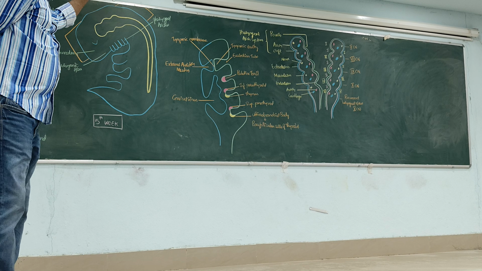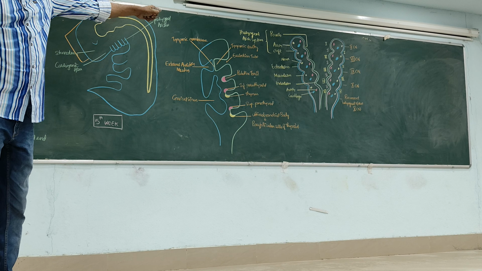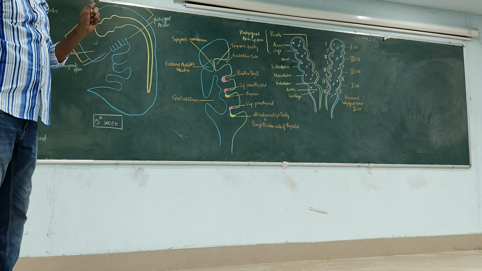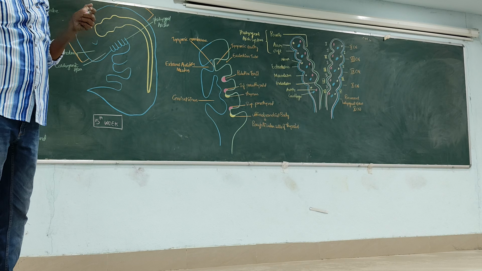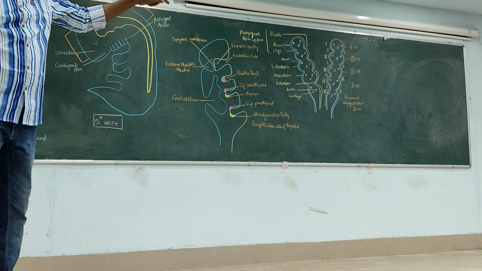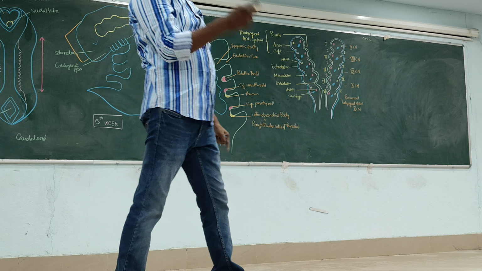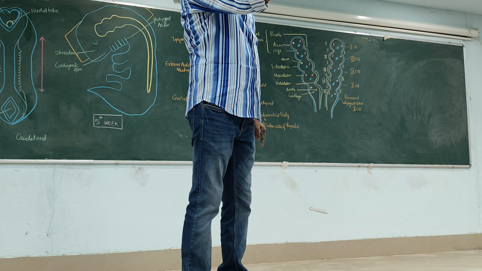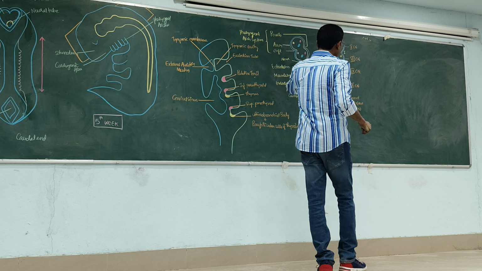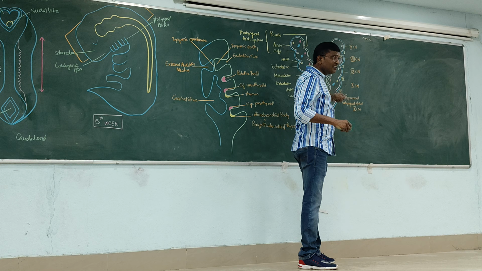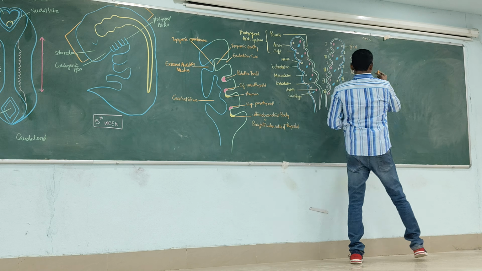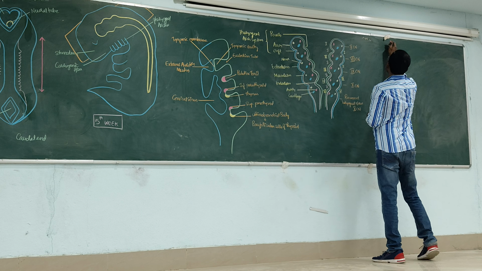So, in this way, the pharyngeal arches and the pharyngeal pouches will develop various structures, right? Now, finally, just before closing this class, I wanted to tell you something special about this pharyngeal arch system. Already, you understood what the system is. You are seeing the nerves. You are seeing the structures which are developing. Am I correct? Now, at the same time, along with this, these arches also produce different structures which are very important for us.